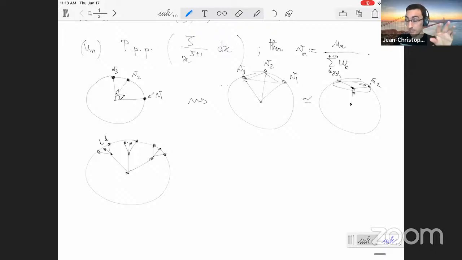I did not explain why the drawing is actually relevant. This is a non-trivial insight that comes from a lot of heuristics from the physics literature. I do think that this guess, with the Poisson-Dirichlet weights, is reasonable, because already when we do these IID random variables, this is the picture we get.